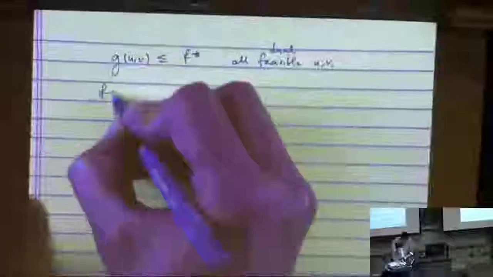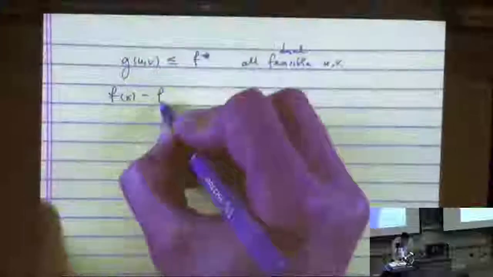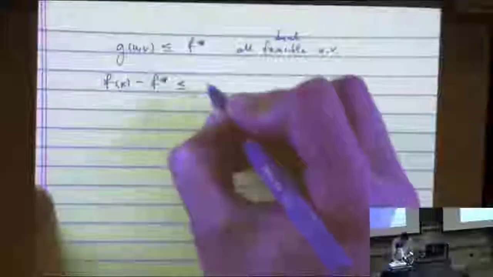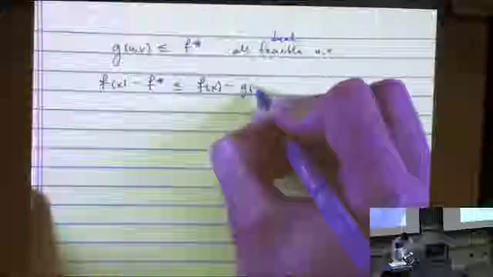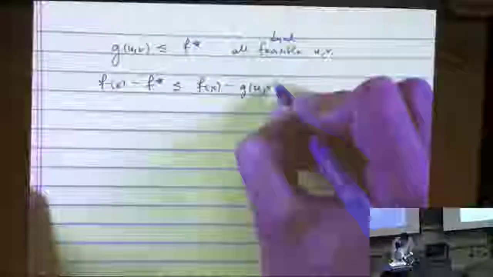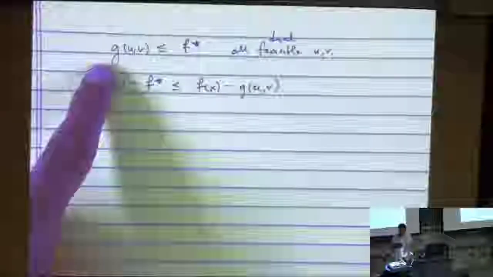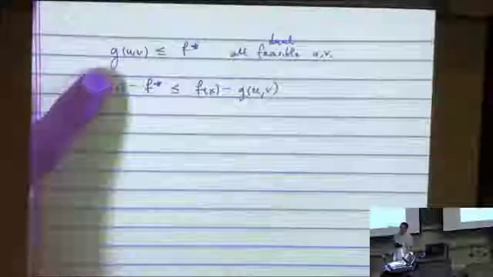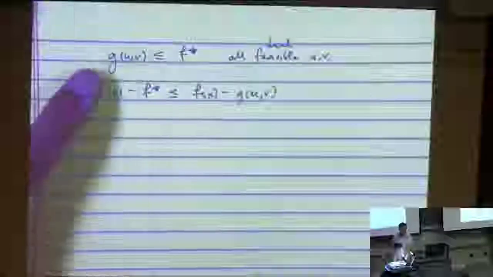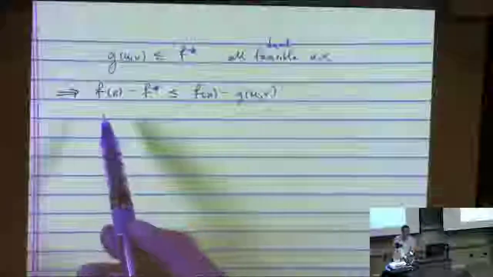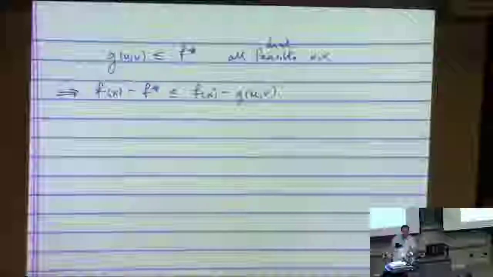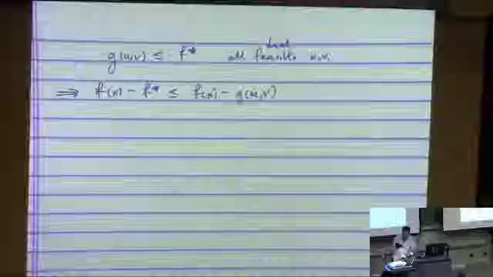So that means that if I take this equation, okay, and let's say I multiply both sides by -1 and I add f of x, I get this. Okay, this tells me that the primal suboptimality, between x and the very best I can make the primal criterion, f star, is upper bounded by the duality gap.